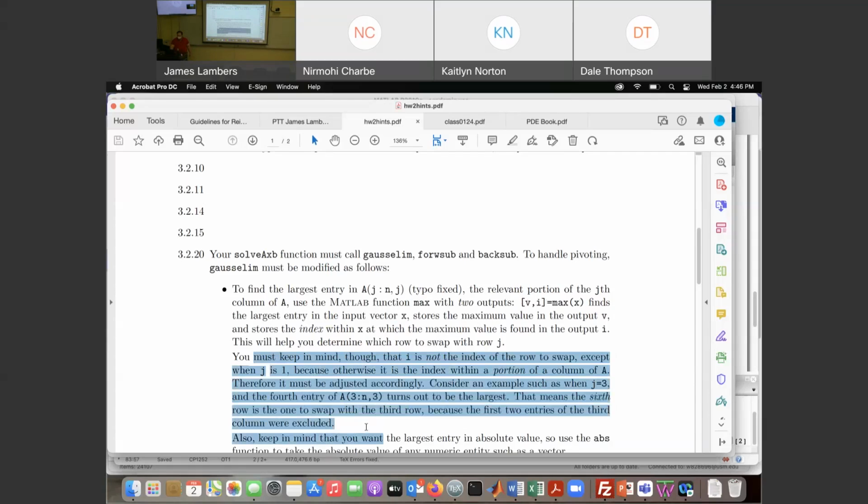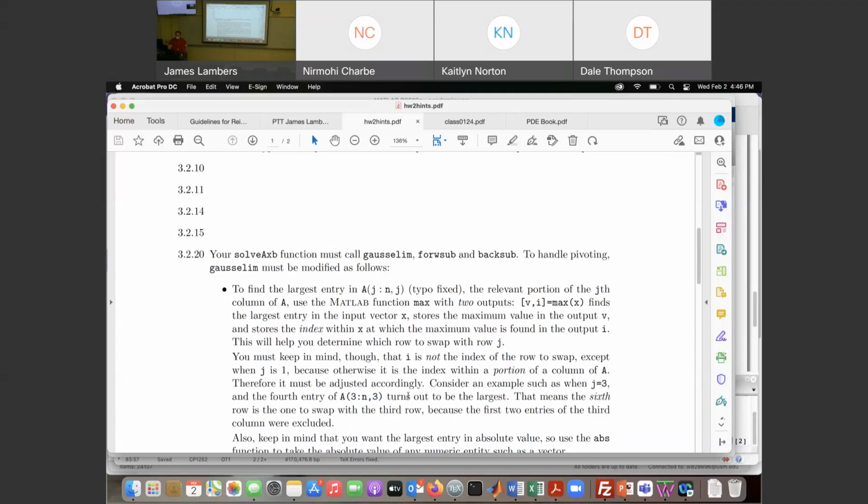That's discussed here. So here we have an example. Suppose you're working in the third column. You take this portion of column 3, find the largest element in absolute value, and max tells you that the fourth entry of this vector is where the largest was found.